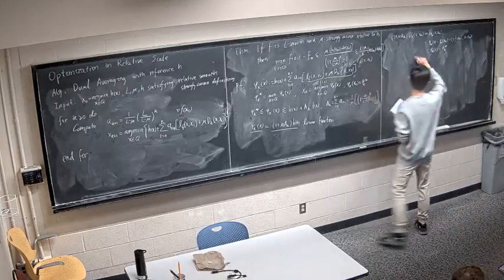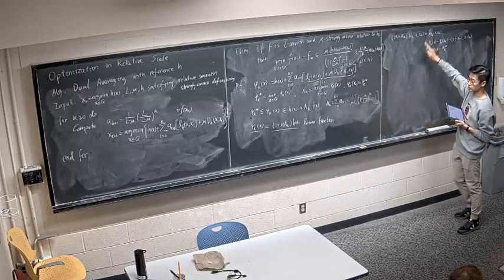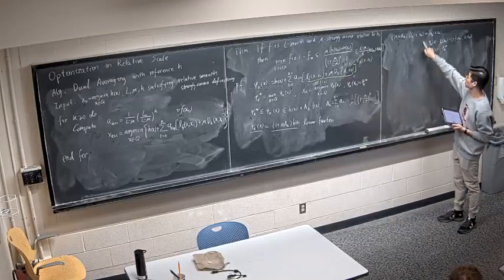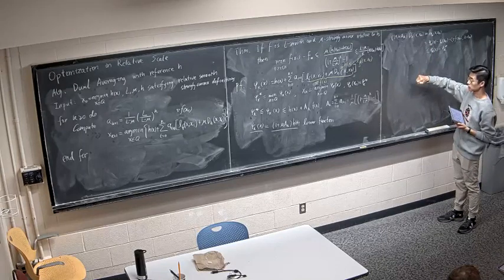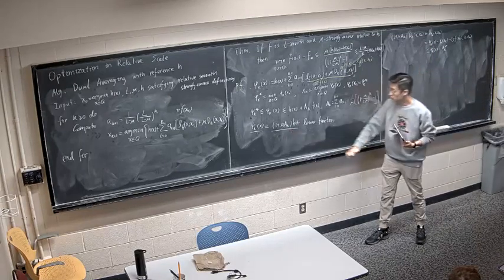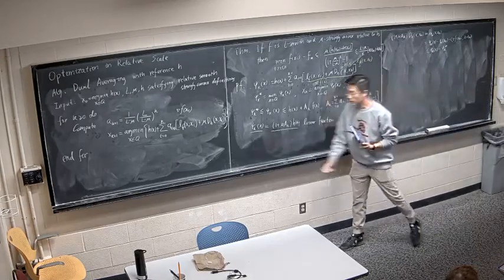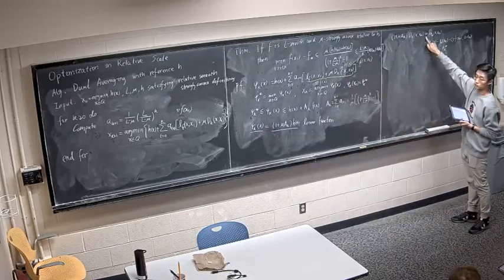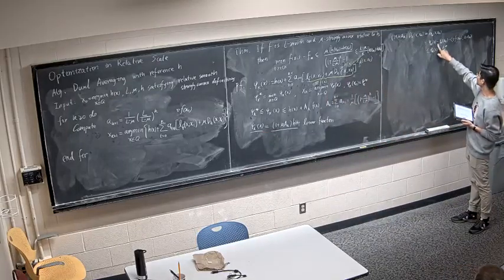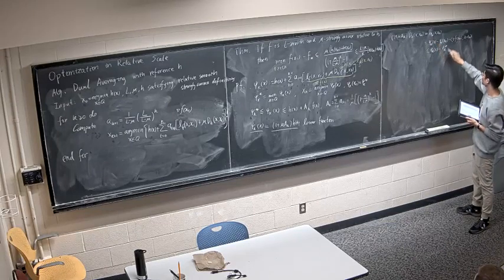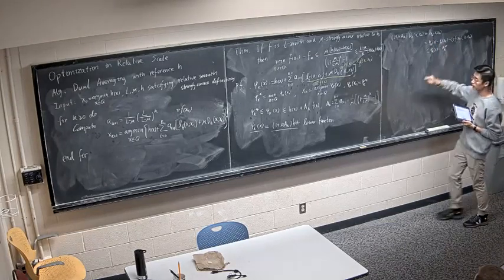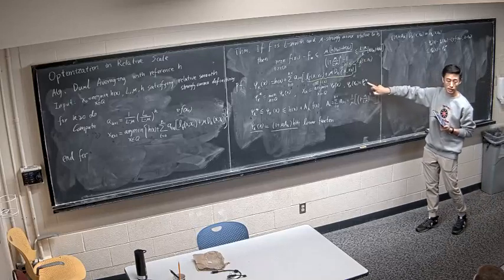Right. The first identity is just the observation. The Bregman divergence for this function is the same as the Bregman divergence for this psi k. Right. This is what we just observed. And this is just by definition of the Bregman divergence. Psi k of x k is what we call psi k star.